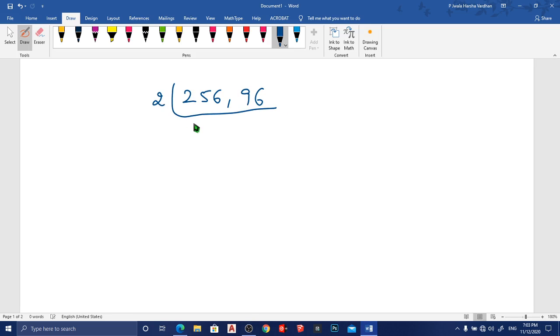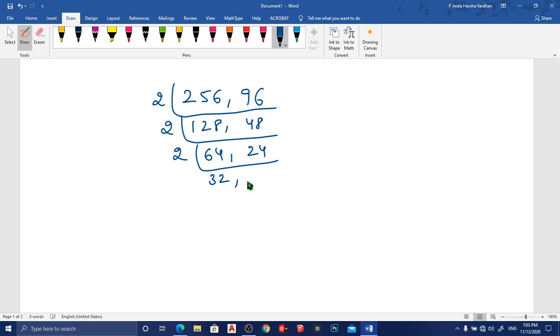Here we are commonly dividing with the prime factors. 2 128s, 2 4s, 2 8s. 2 6s are 12, 2 2s are 4. Next 2 3s, 2 2s. Next 2 12s are 24. Next 2 16s, 2 6s are 12. Next 2 8s are 16, 2 3s are 6.